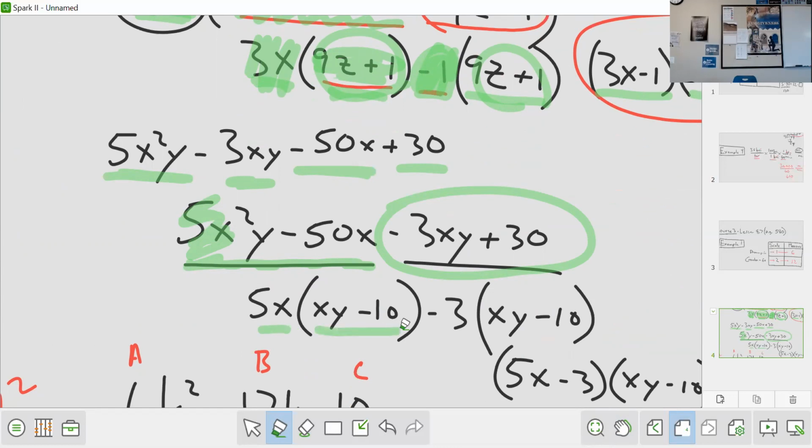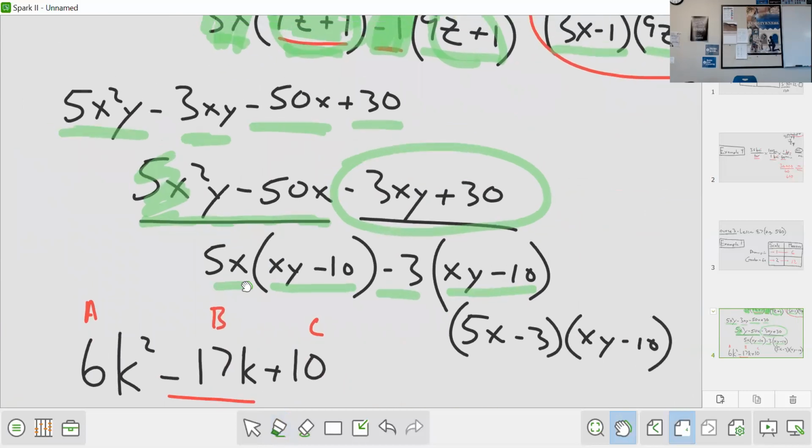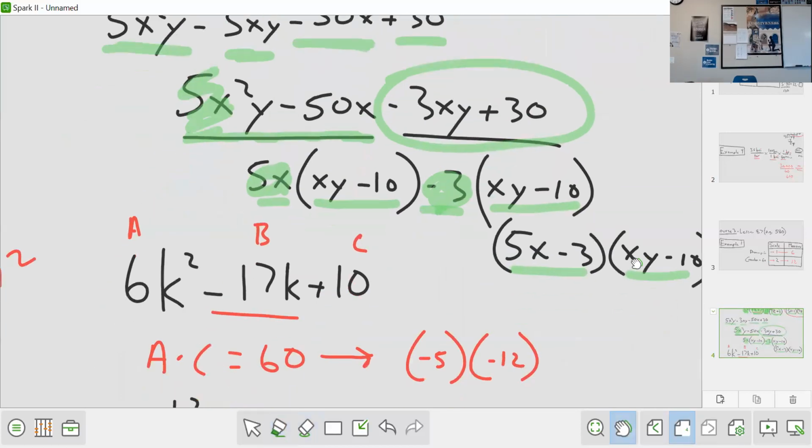And I factor out a negative 3 here, and I get, lo and behold, an xy minus 10. So it's pretty obvious that what I need to do now is put together my 5x and my minus 3 right here, and then my xy minus 10 is right here, and I've got two binomials times each other.